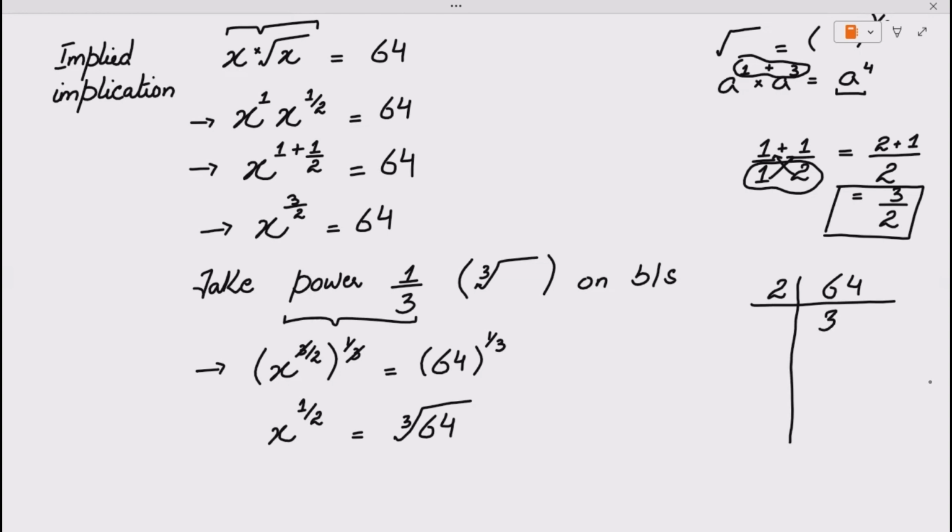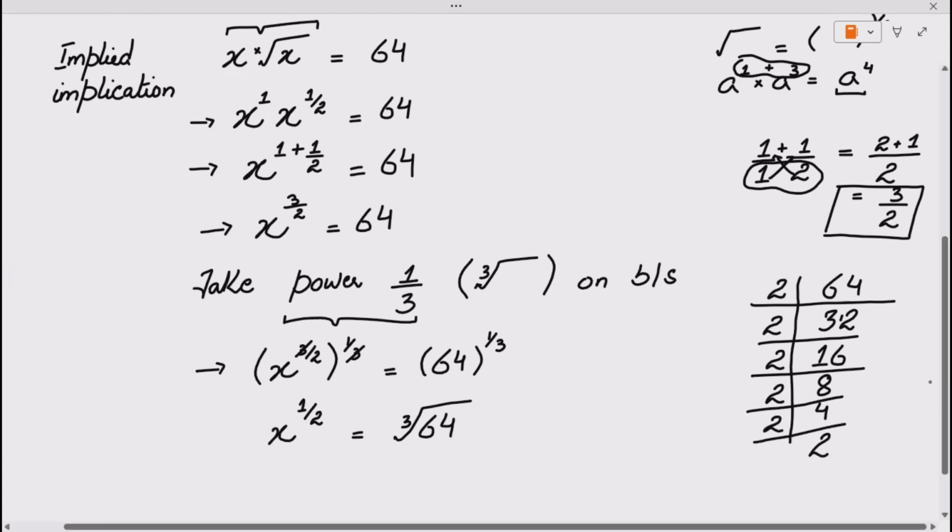So 2 into 3 is 6, 2 into 2 is 4. Now 2, 1 is 2, 1 remains, so it becomes 12, 2 sixes are 12, 2 eights are 16, 2 into 4 is 8, 2 into 2 is 4, now 2, 1 is 1. So in the end we got 1.